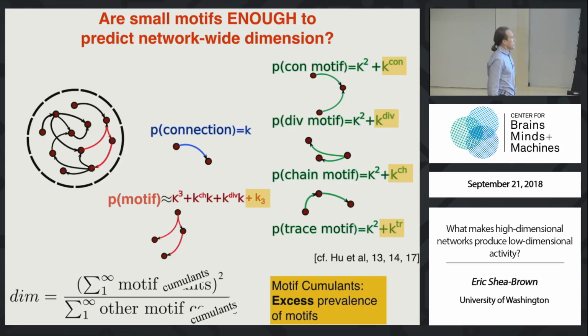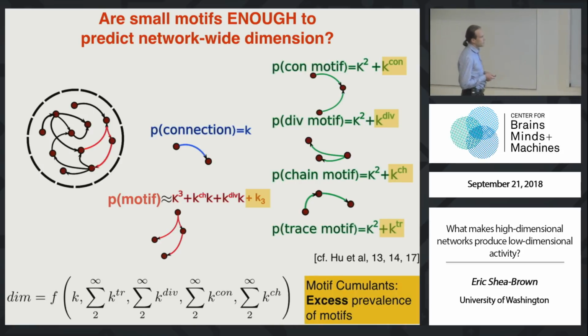OK, so it turns out, and this is what you figured out, that we were able to generalize this to the higher-dimension case as well, that this unpleasant-looking series is actually very pleasant, because there are nonlinear resumming tricks to rewrite this ratio in terms of another function, which involves the sum over just these motif cumulants. Remember, these are not baseline probabilities, but extra probabilities of having these little subgraph structures.